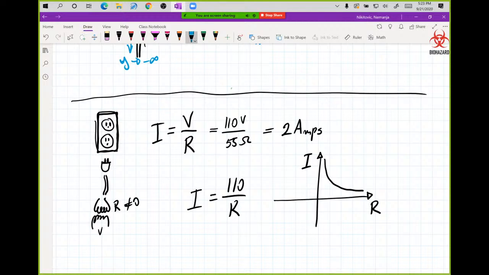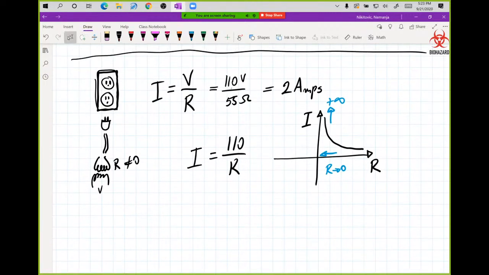Romeo, help us out over here, buddy. As resistance goes to zero, meaning you are short-circuiting this with a piece of wire, your current is trying to be infinite. And that's not good. Infinite current is proportional, there is a physics formula, to the temperature.